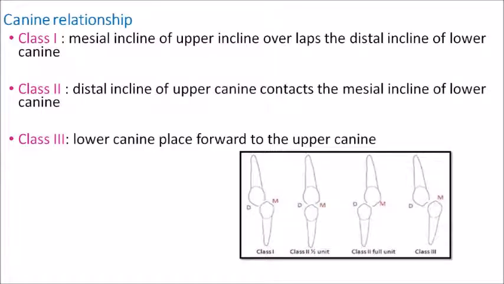Now coming to canine relationships, or the canine system of classification of malocclusions. In some cases your permanent first molars, either lower or upper, might be missing bilaterally as well as unilaterally. In such cases it is a bit difficult to classify the malocclusions.